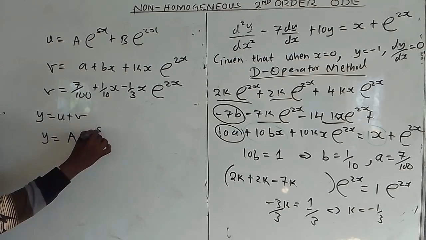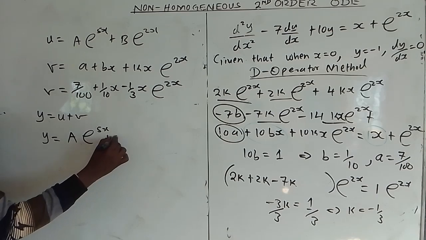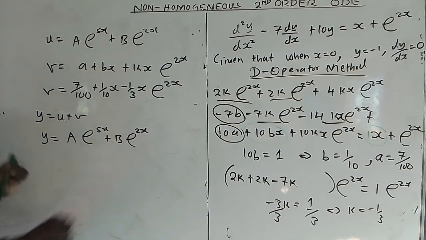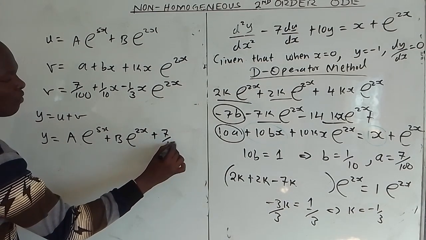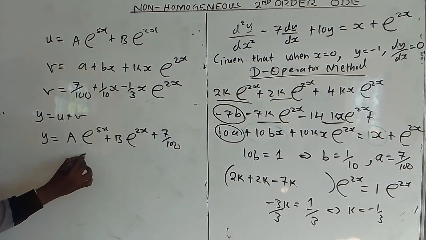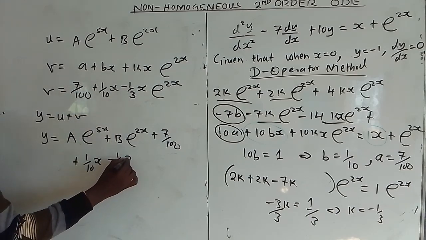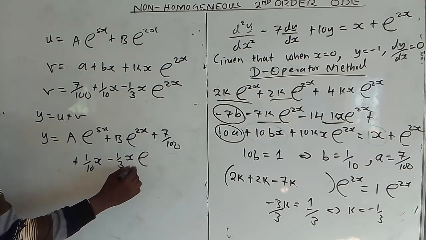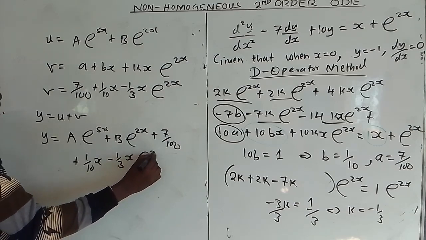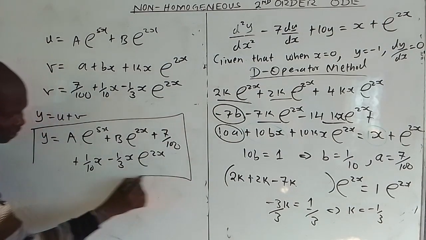A exponential 5x plus b exponential 2x, then plus 7 over 100 plus 1 over 10x minus a third x exponential 2x. So this is the general solution, isn't it?